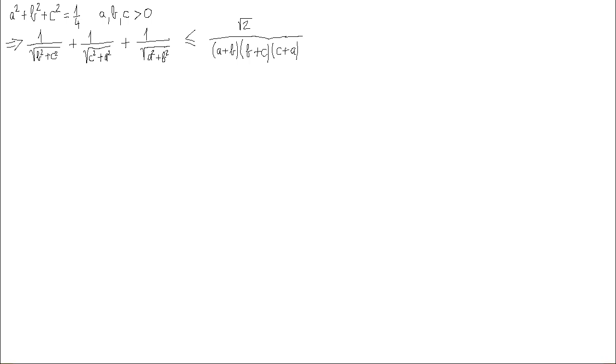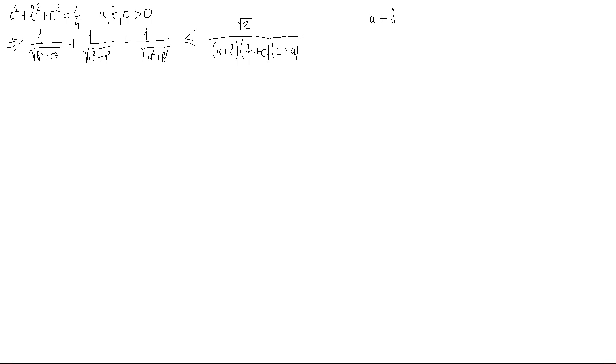For sure, we can use a famous inequality between arithmetic and quadratic mean, in the form, for example, for a, b, and c.